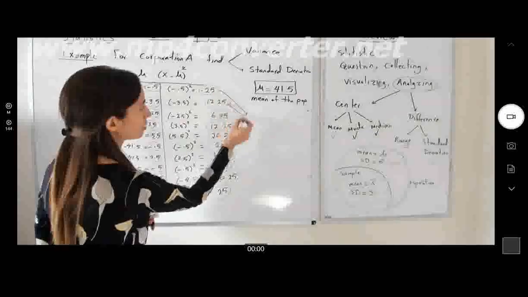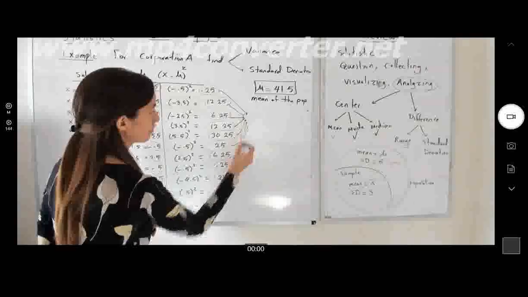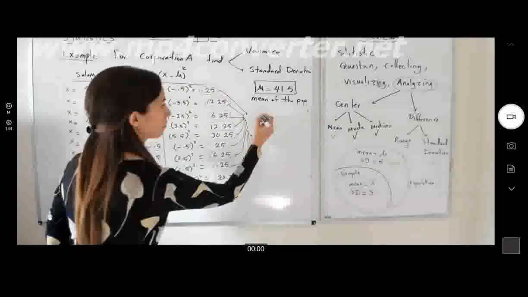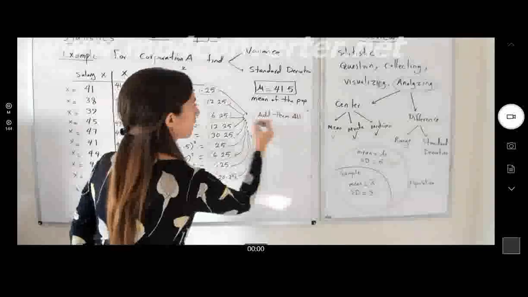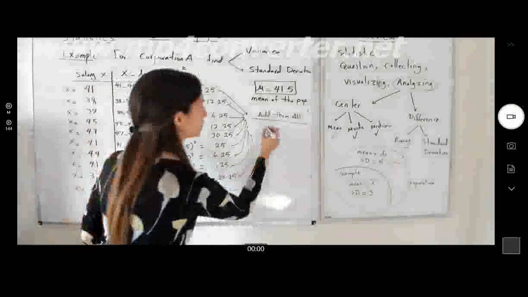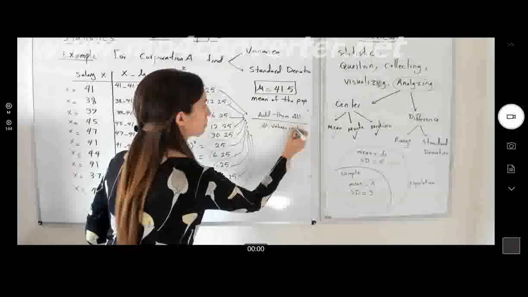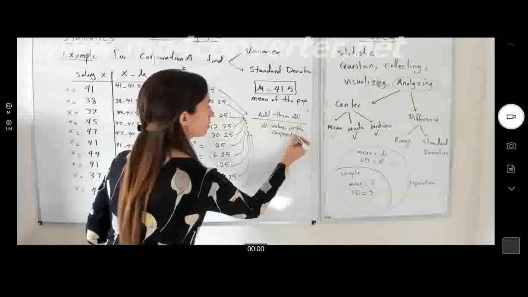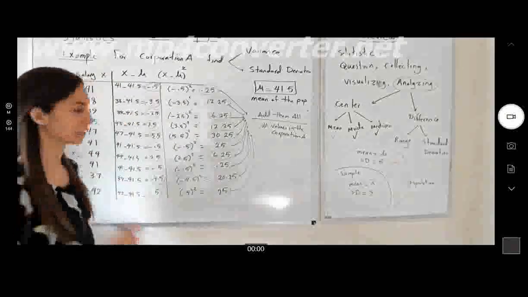So now we're going to add all of these and divide by the total number of values in your collection in the corporation A. And we call it variance.